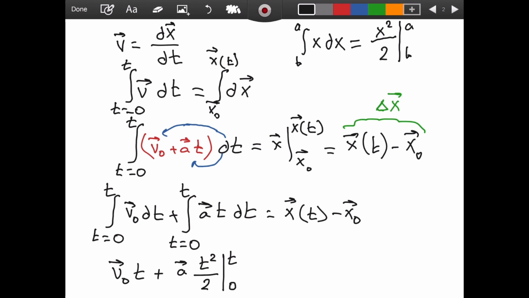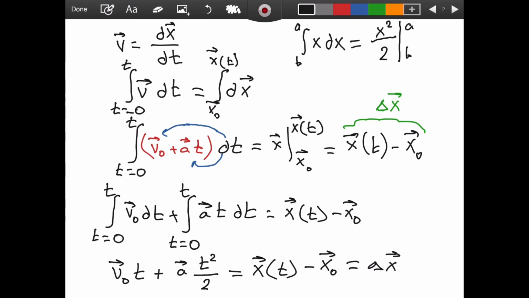So t squared divided by 2 minus 0 will give us t squared divided by 2. So we don't even need to write the bounds. This is what we get. And this is equal to x of t minus x naught, like this.